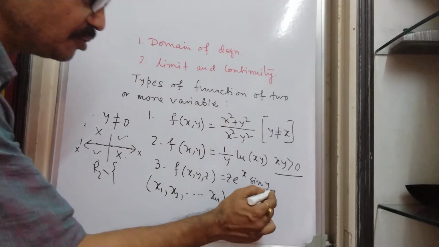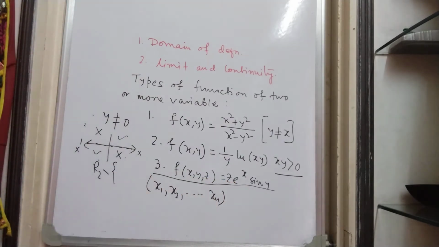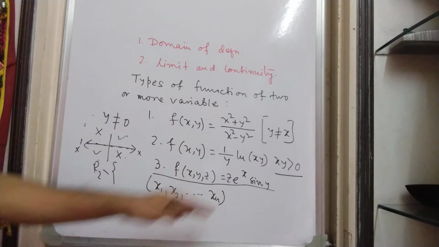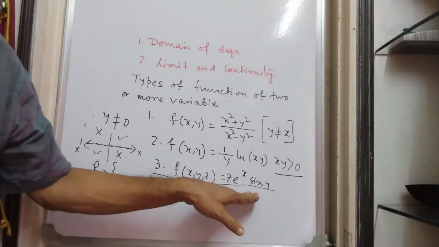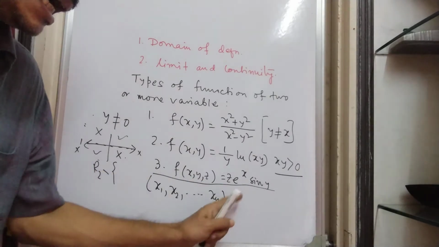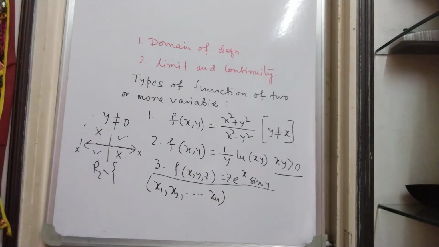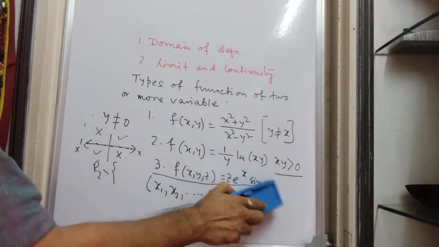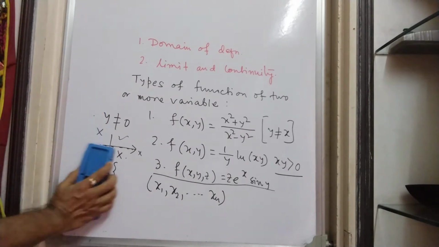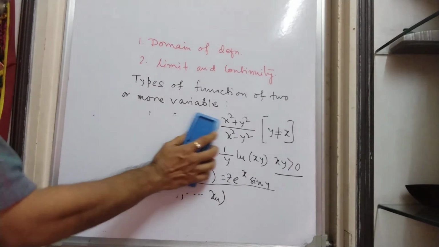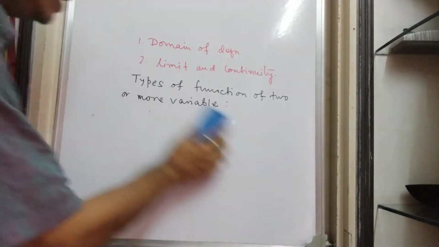And for this particular function, we don't have any particular region which we should delete from R3. Here we don't have any imposition on the values of x, y and z. So these are the types of functions for which we may discuss the domain of definition.